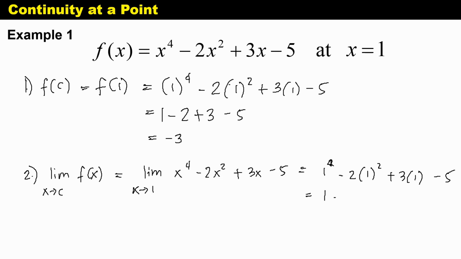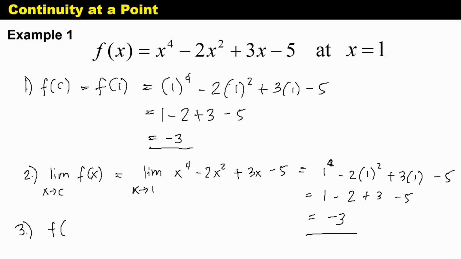This is 1 minus 2 plus 3 minus 5. 1 minus 2 is negative 1, plus 3 is positive 2, minus 5 is negative 3. Now both our first and second conditions exist. So let's now move on to our third condition.